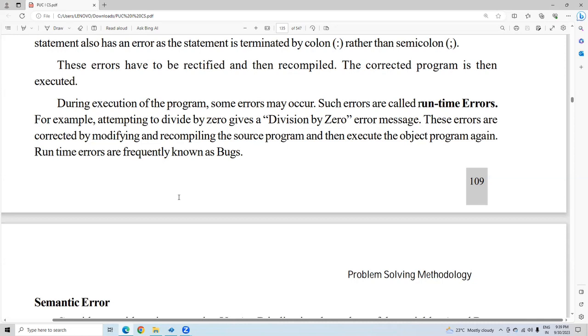As per mathematics, a number cannot be divided by 0. The result is going to be infinite. So in such a case, a division by 0 error will be displayed.